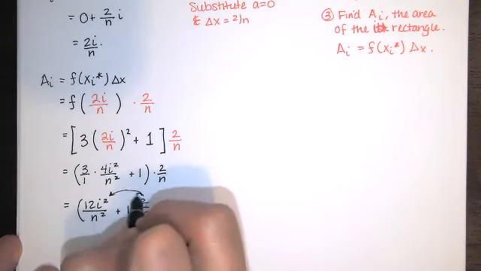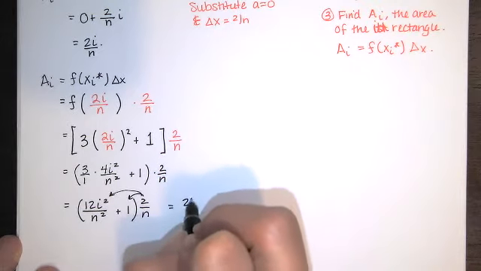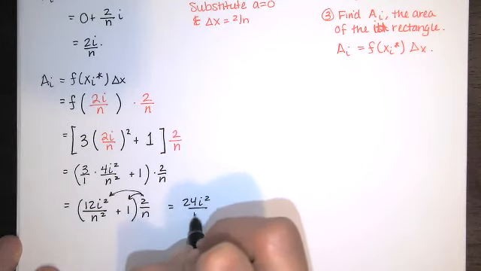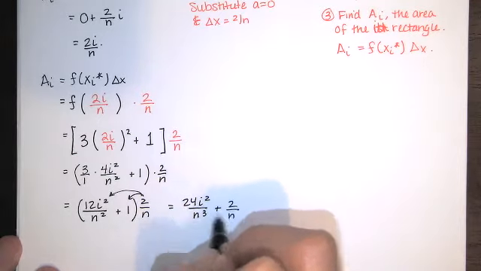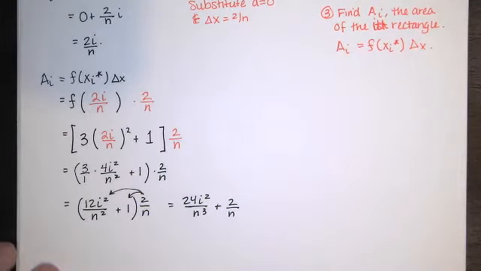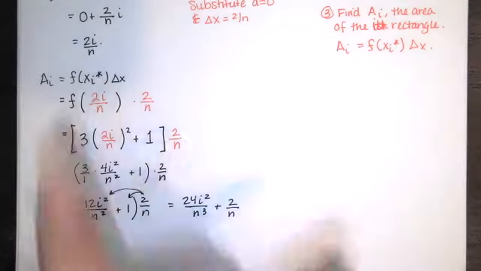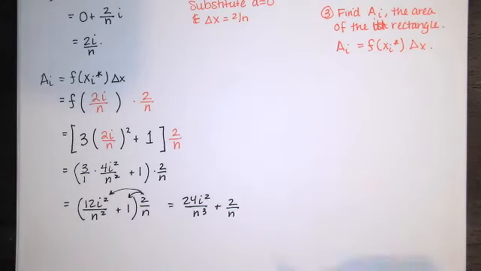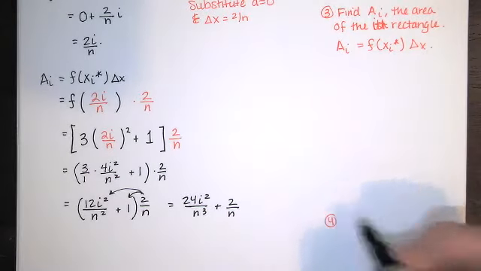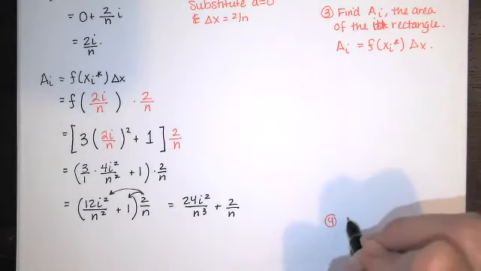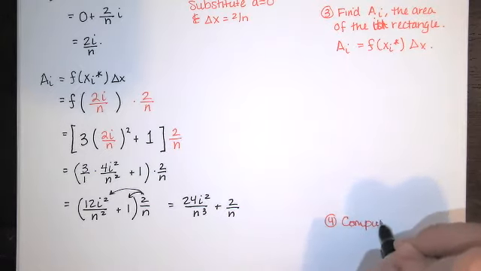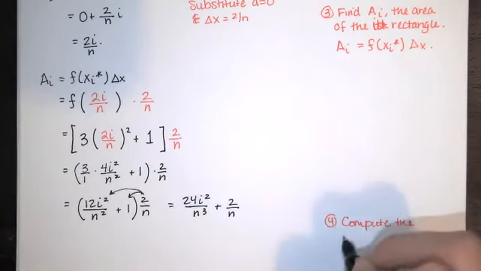So distribute that 2 over n to everything. And you get 24i squared over n cubed plus 2 over n. That's nice. It's going to be a simple little summation to simplify. So that's the area of one rectangle, but we want the area of them all. So we want to compute the upper sums now.